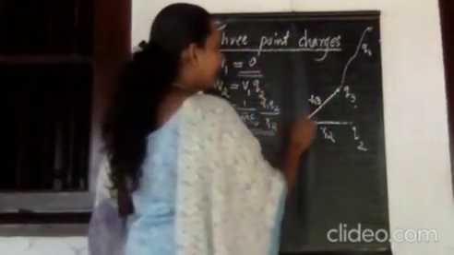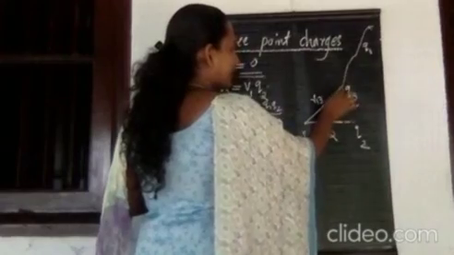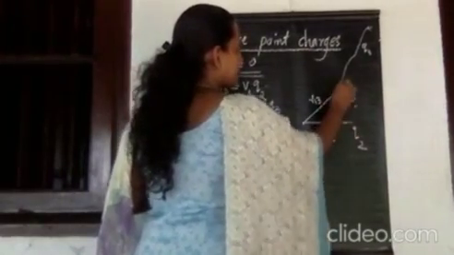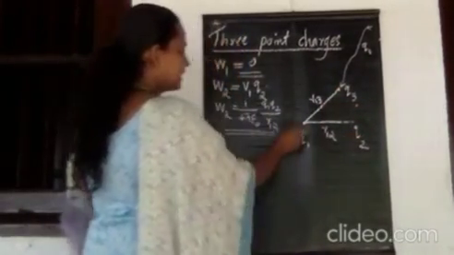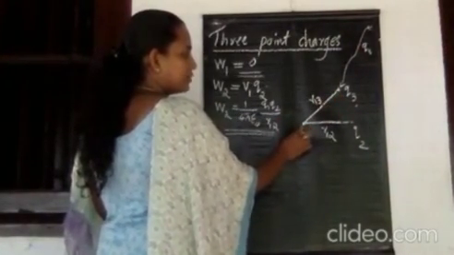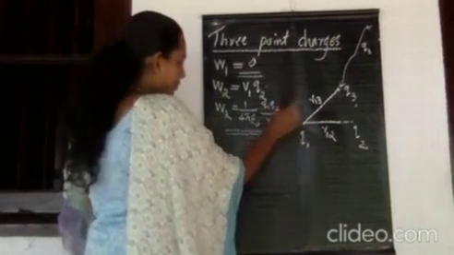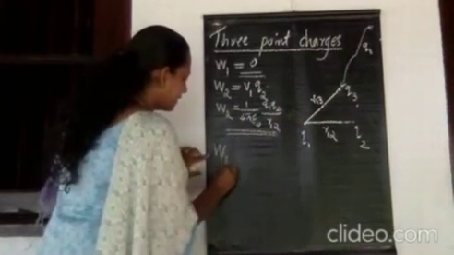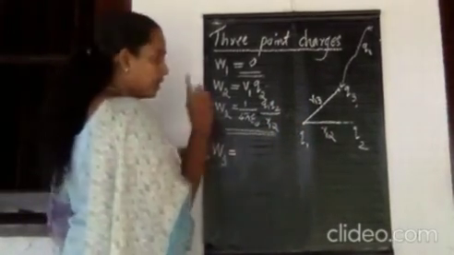Therefore, the work done to bring a third charge Q3 in the presence of these two charges Q1 and Q2 means, first of all, the work done to overcome the field due to Q1. So you can write W3, work done.